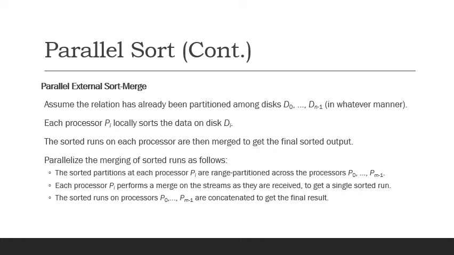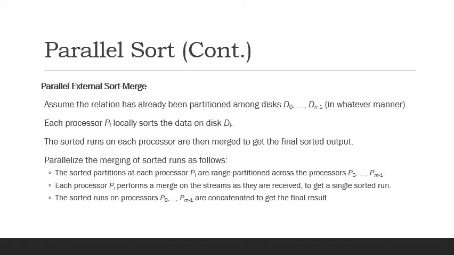This sequence of actions results in an interesting form of execution skew, since at first every processor sends all blocks of partition 0 to P0, then every processor sends all blocks of partition 1 to P1, and so on. Thus, while sending happens in parallel, receiving tuples becomes sequential.